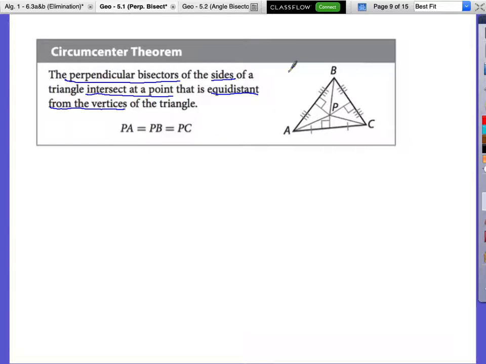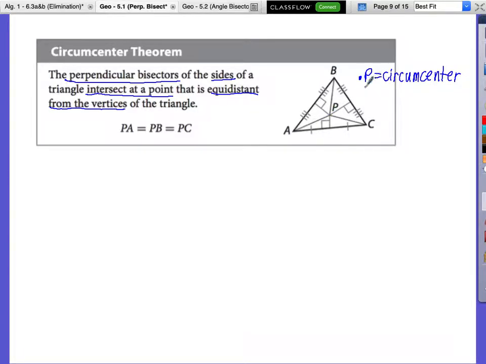So in this case, the three perpendicular bisectors of this triangle all meet at point P. Point P is what we call our circumcenter. It is a point of concurrency, where three lines are concurrent, but here we specifically call it the circumcenter, because that is where the three perpendicular bisectors meet. We also say the circumcenter is equidistant from the vertices.